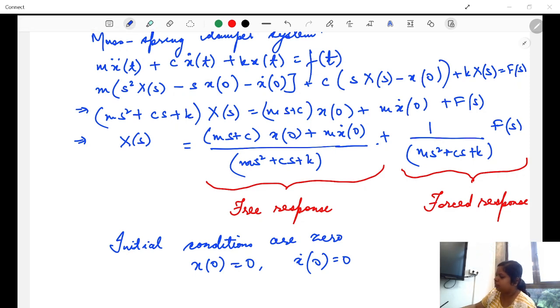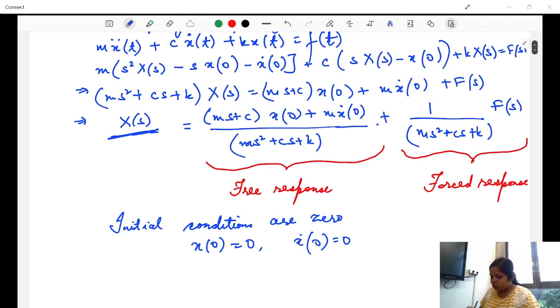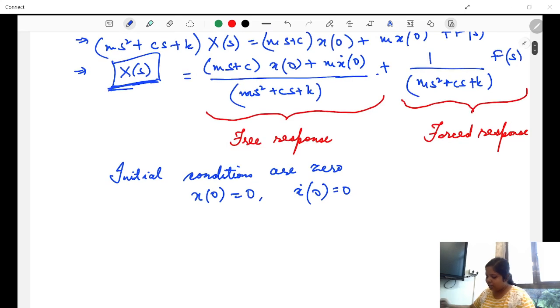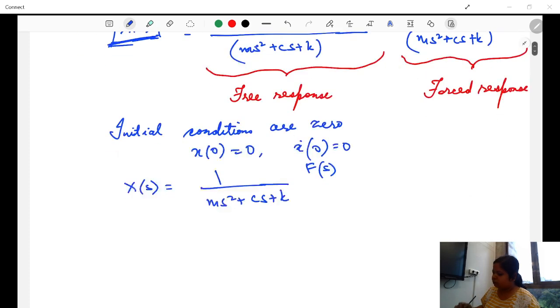Yes, madam. So I wanted to show what is the output of the system, and it is just X(s). So X(s) is driven by a free response and a forced response. So obviously F(s) has gone to the right side. X(s) is the output of the system. Now, when initial conditions are 0, X(s) would just be 1 upon ms square plus cs plus k into F(s).